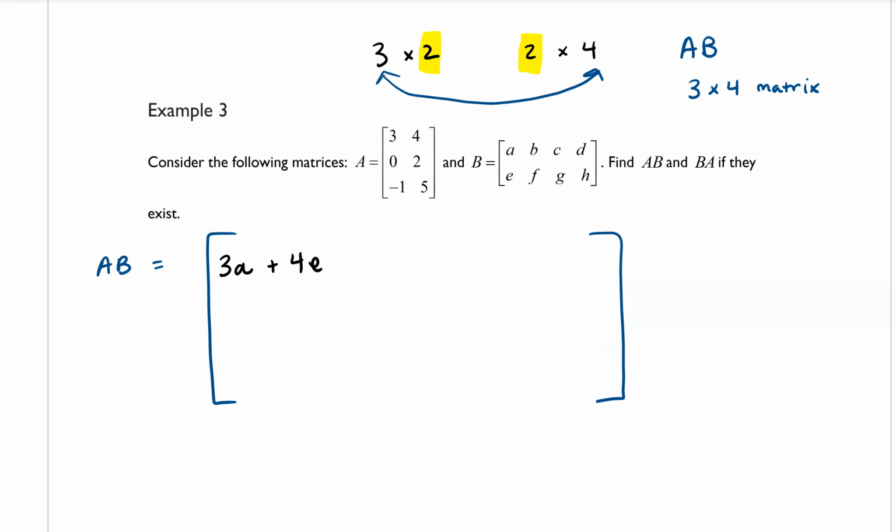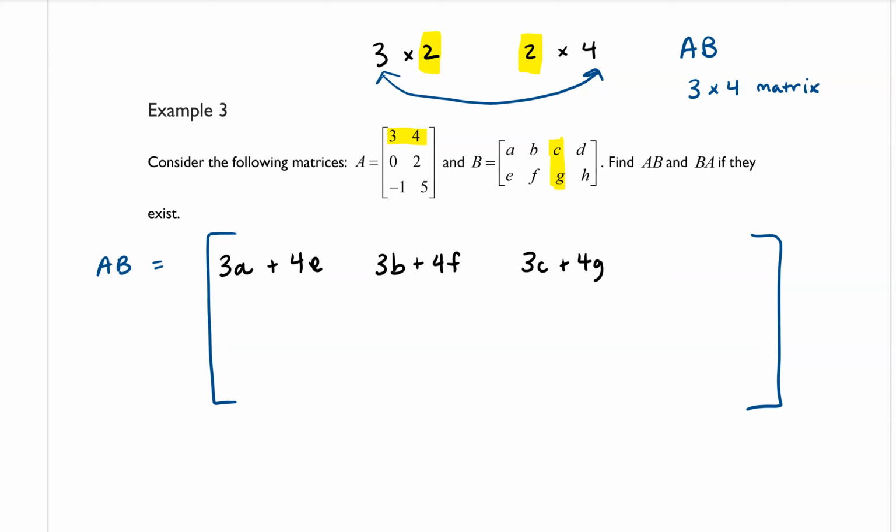I'm going to have to make my matrix bigger, so let me erase that and maybe put that out here. Okay, to get the next entry, we're going to use the first row in matrix A and now the third column in matrix B. And so same pattern, we're going to do 3 times C plus 4 times G. And the reason that I'm using letter values in matrix B is so that you'll see more easily what's being multiplied together.